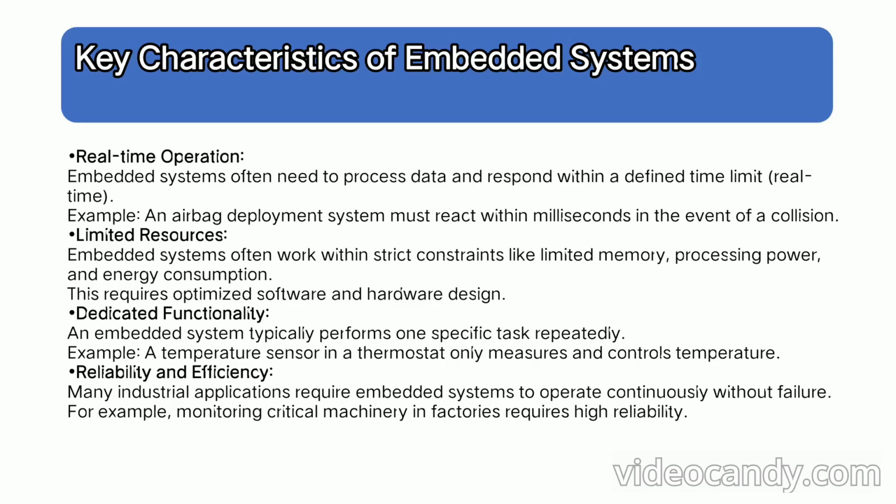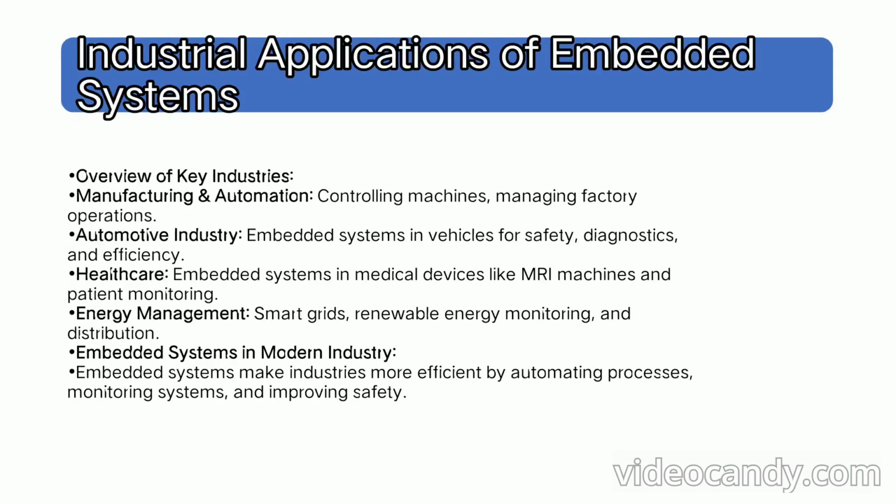Reliability and efficiency. Many industrial applications require embedded systems to operate continuously without failures. For example, monitoring critical machinery in factories requires high reliability. Industry applications of embedded systems.